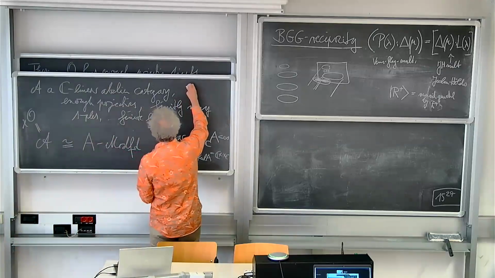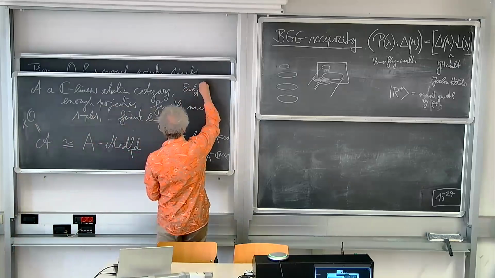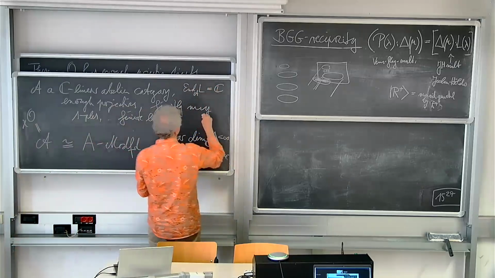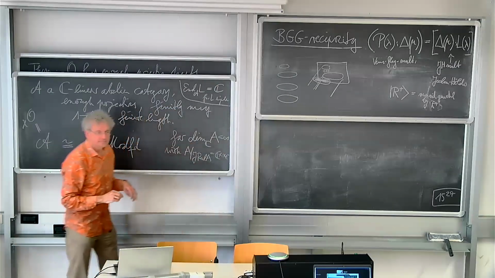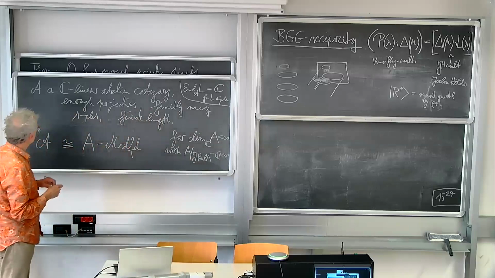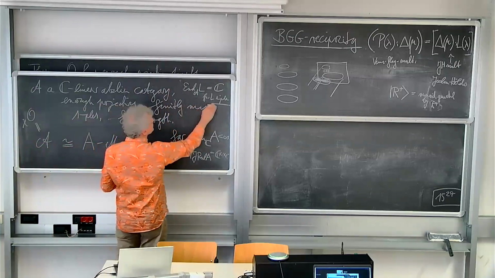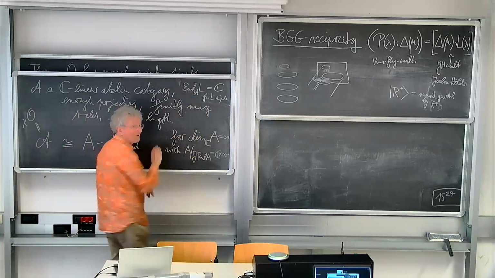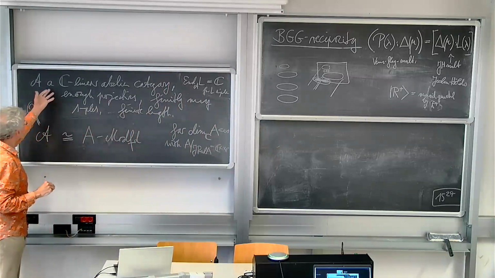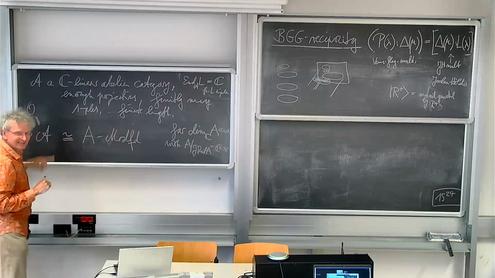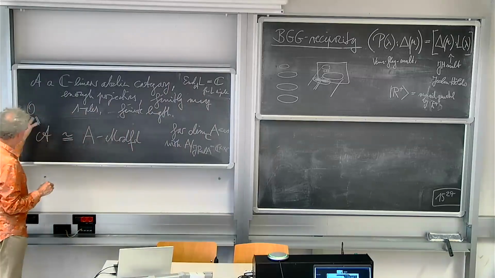So I need the endomorphisms of the simple objects to be just the ground field. This is important, otherwise it's all wrong, because I could take modules over a field extension of C. But we're not doing that. And yes, so it is of this type.